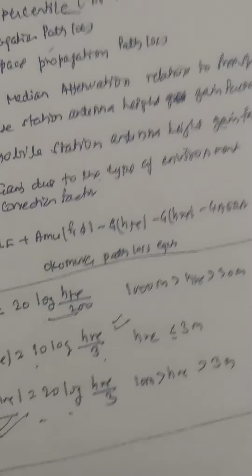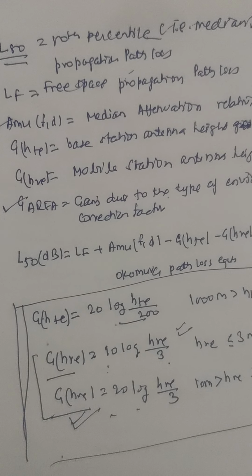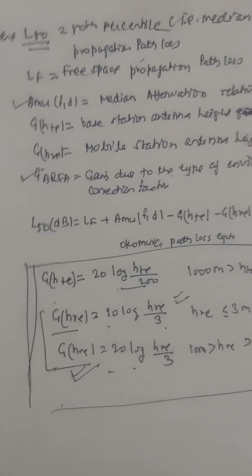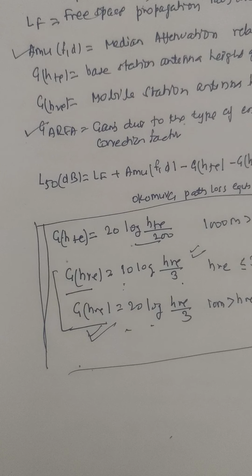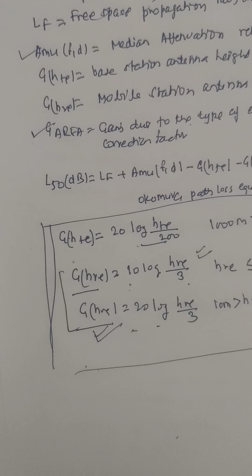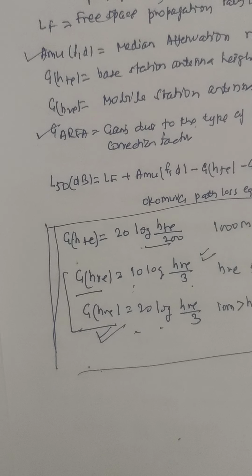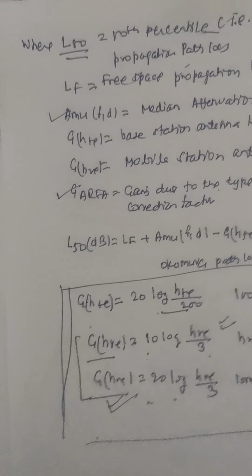So Okumura model is wholly based on the measured data and does not provide any analytical explanation. Okumura's model is considered to be among the simplest and best in terms of accuracy in path loss prediction.